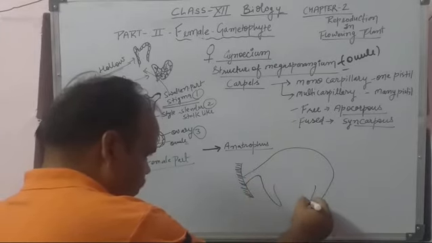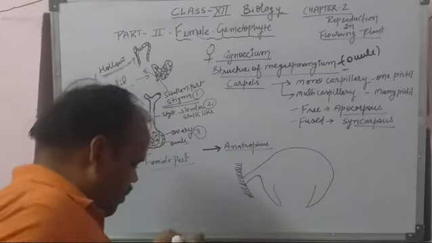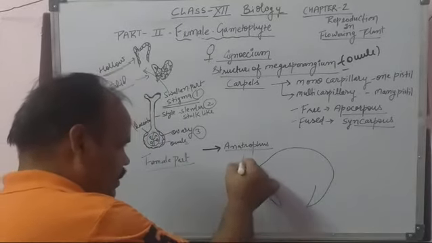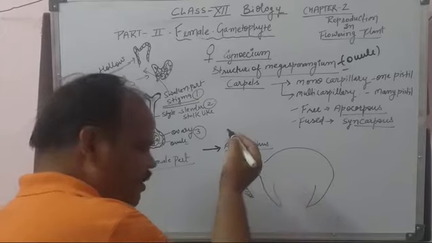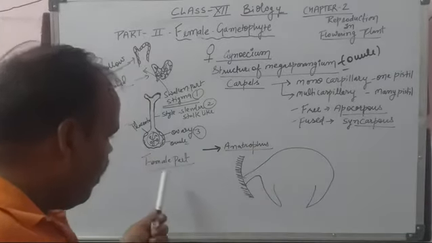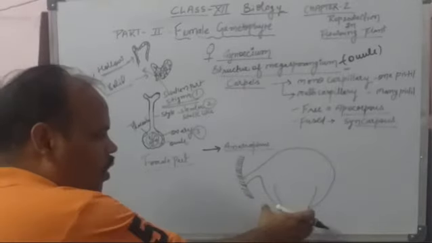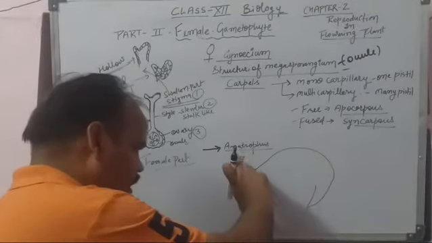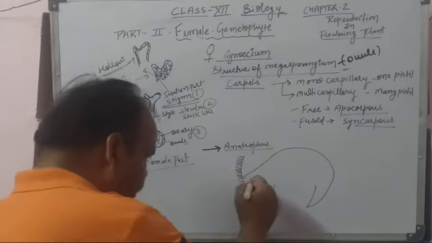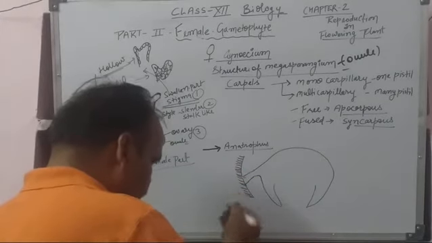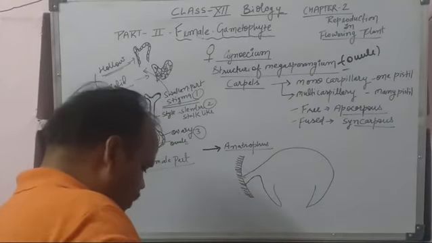This is the placenta, the placental part that is held in the ovary, and the ovule is attached to the placental part by the funicle.